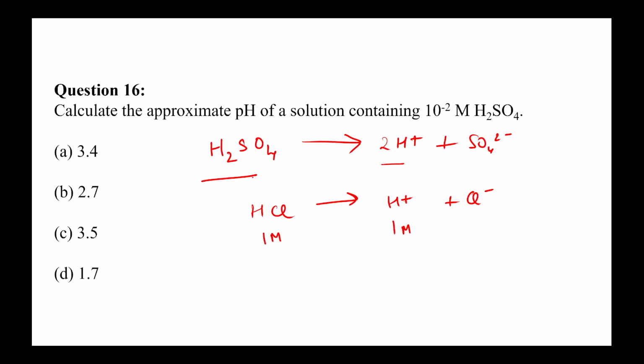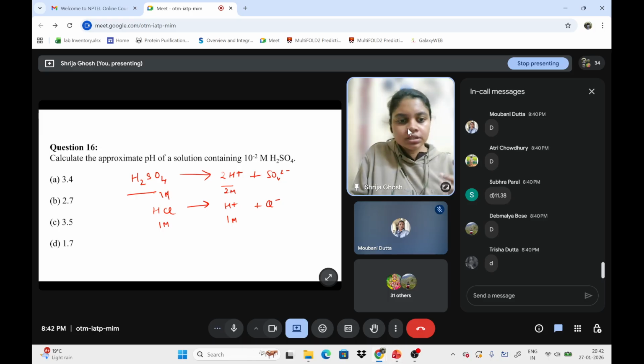But in this case, if the concentration of H2SO4 is 1 molar, the concentration of H plus ion will be 2 molar, because it is in a 1:2 ratio. So that is the only difference. The concentration of H2SO4 is given, so you know the concentration of H plus ion. Calculate the pH.